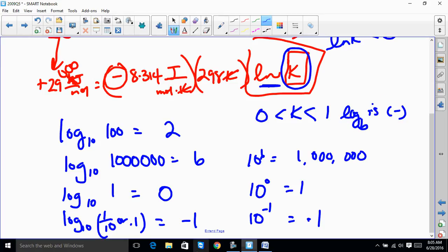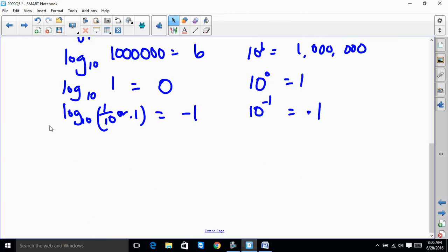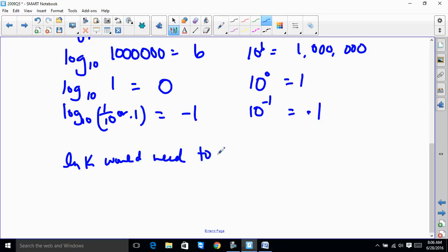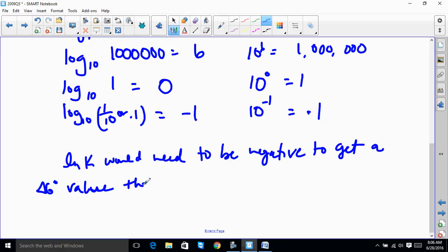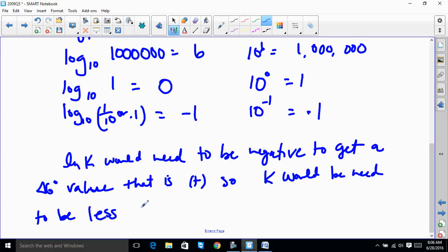So, long story short, the ln of K would need to be negative to get a delta G naught value that is positive. So K would need to be less than 1.